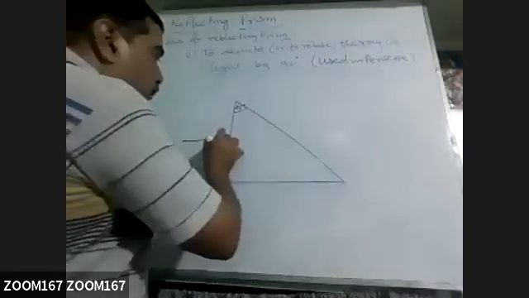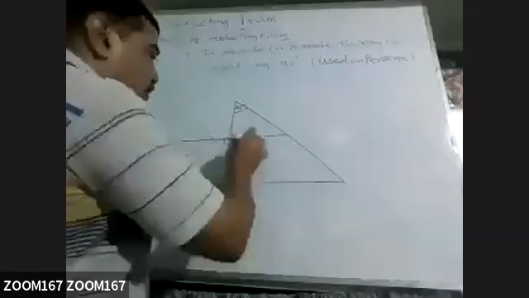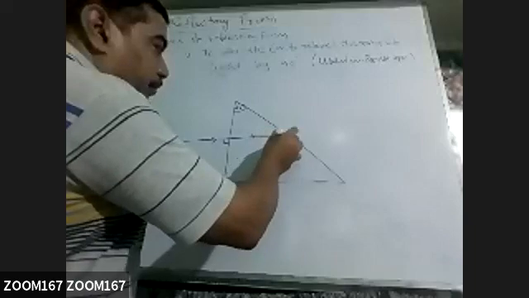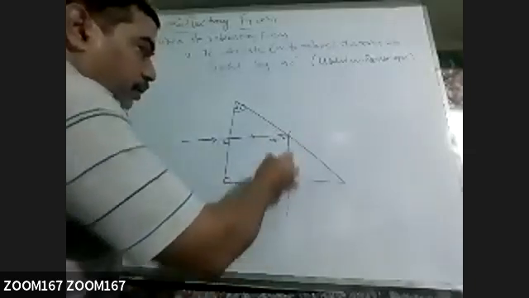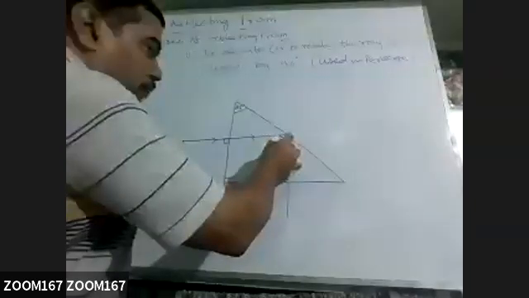At this place it will go undeviated. Now here the angle of incidence becomes 45 degrees, so total internal reflection will take place.